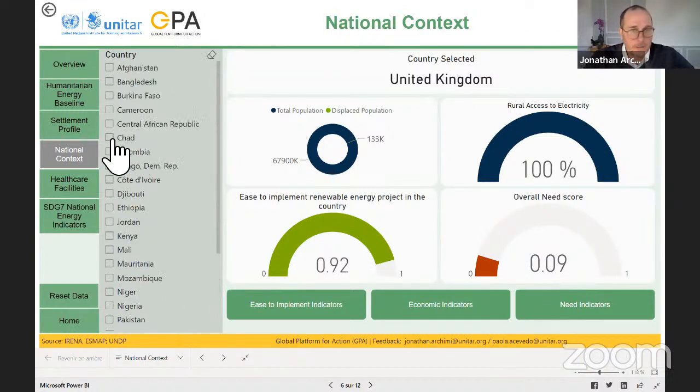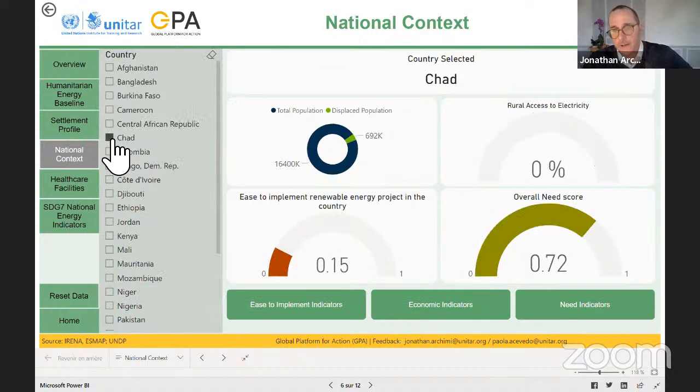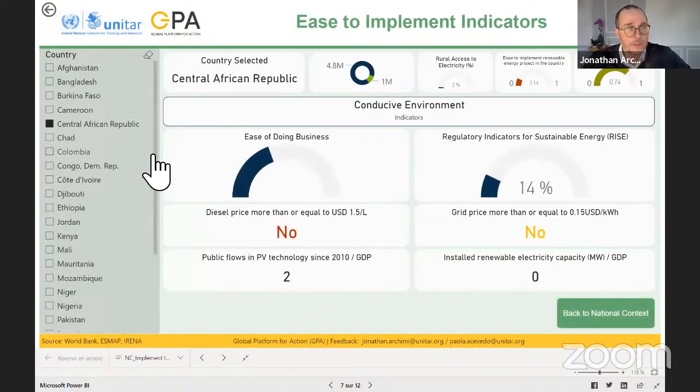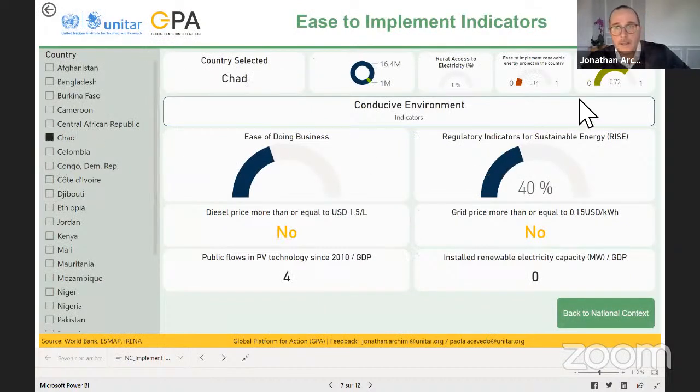If you take another country in the Sahel, then you have another picture, and you can see, for instance, the ease of doing business or implementing energy projects in that country. So we take Chad. Then it tells whether the environment in Chad is conducive or not based on the public information that we collected.